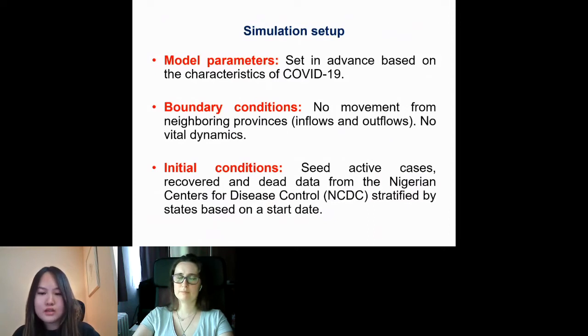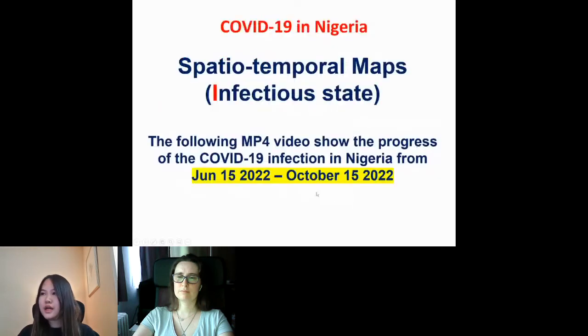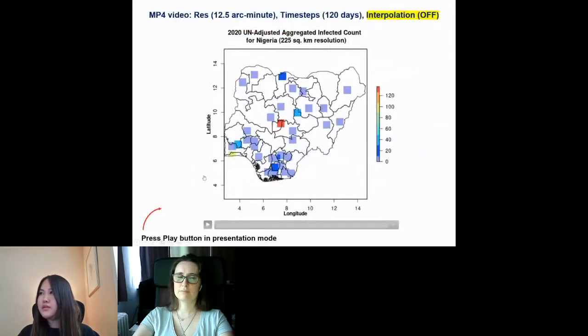Initial conditions: we have seed active cases, recovered, and dead data from the Nigerian Centers for Disease Control, stratified by states based on start date. Here I will show a demonstration of an MP4 video created on our dashboard, and this is over 120 days.